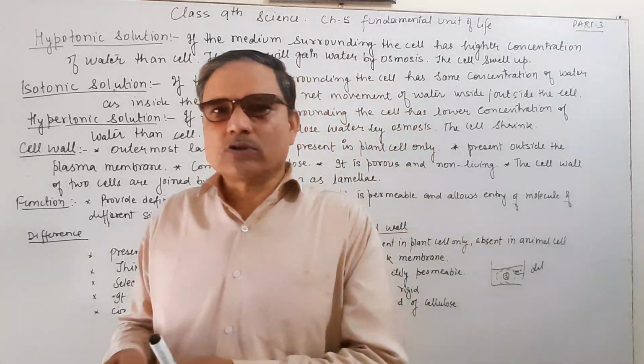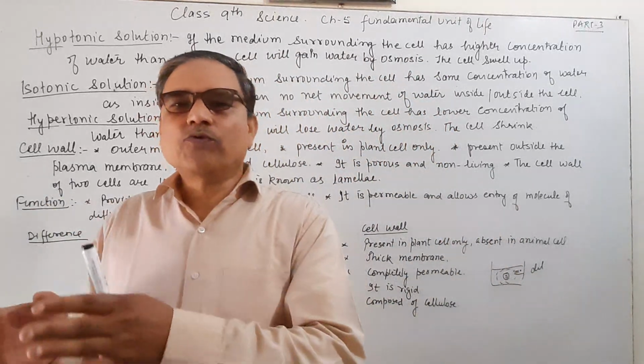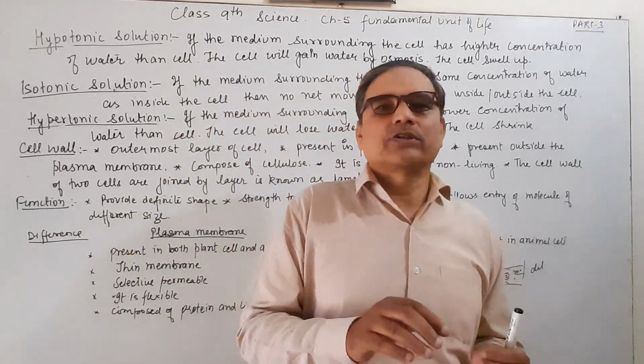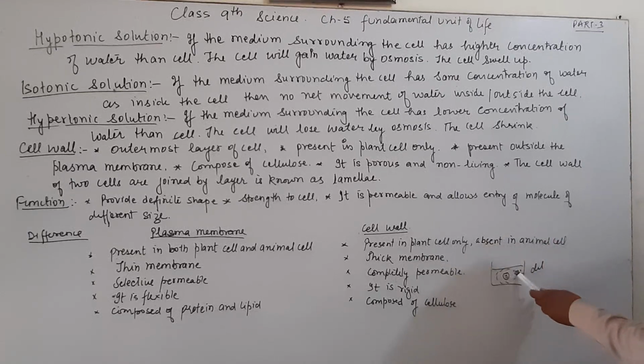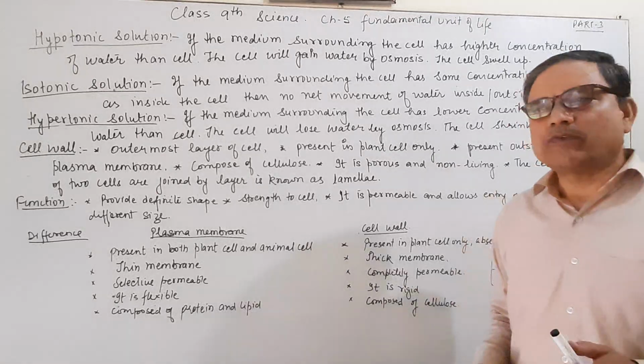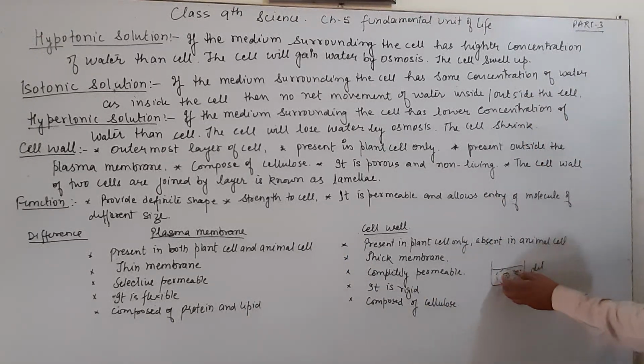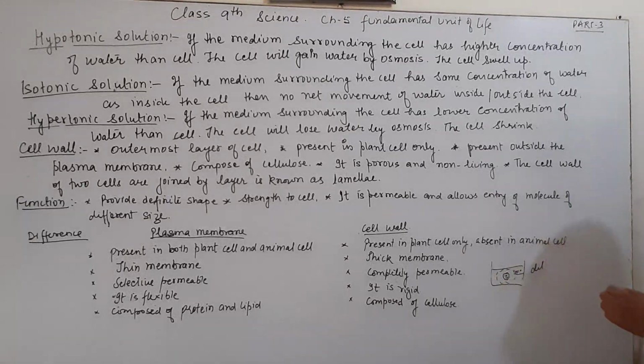And you know osmosis means water moves from a region of high concentration to low concentration. That means the concentration of water outside the cell is more than inside the cell. Then what happens? Outside the concentration is more, inside it is less, so the water moves from outside to inside the cell.